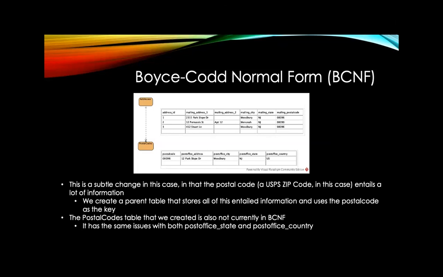So when I did this in the table, I ended up using mailing postal code as my primary key for the postal code table, as opposed to a synthetic key. And the reason I did that was postal code 08096 won't in and of itself ever change.